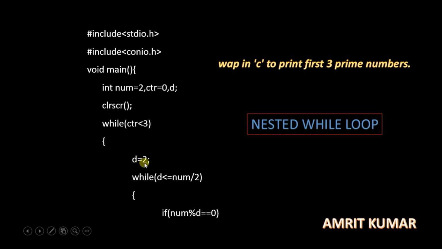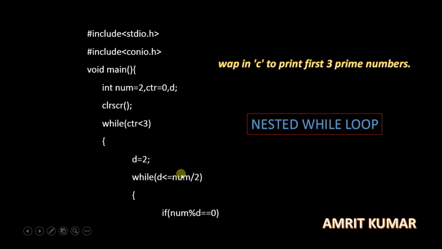Now d is 2. Again we are using a while condition: d is less than or equal to num divided by 2. So d is the number which is less than or equal to num divided by 2. What is num? Num is 2 here.